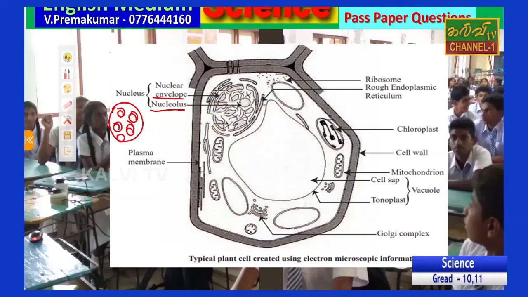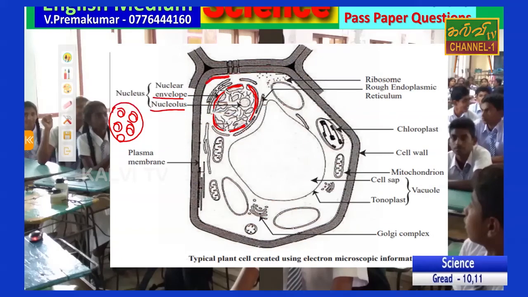When we cut it, we can observe the holes are there. Here I mentioned these are the nuclear envelope, with small space holes. After that they mentioned the plasma membrane, especially a special membrane.